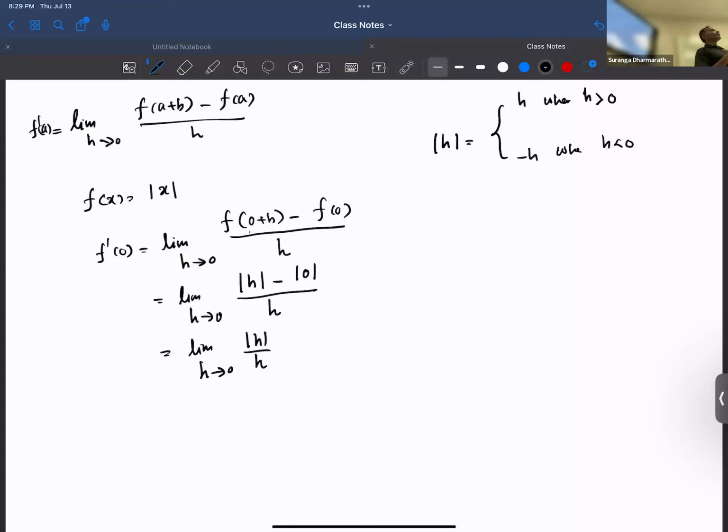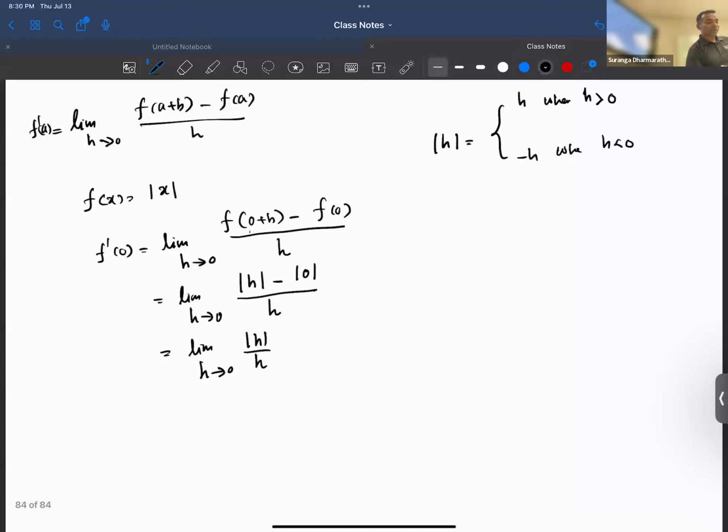If you substitute any negative value, to get the magnitude you simply multiply that by -1. For example, let's say you want to find the magnitude of -2. You multiply that by -1. That's what they say when h is less than 0. For any negative value, magnitude of h is equal to -h. You take h and multiply by -1. That's simple, right? Now, I want you to look at this carefully.